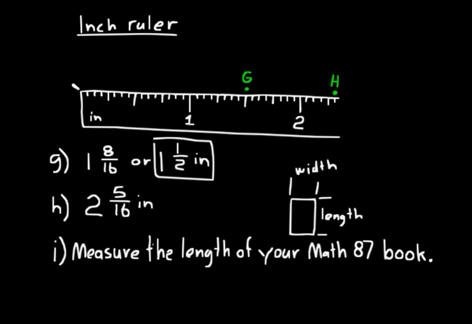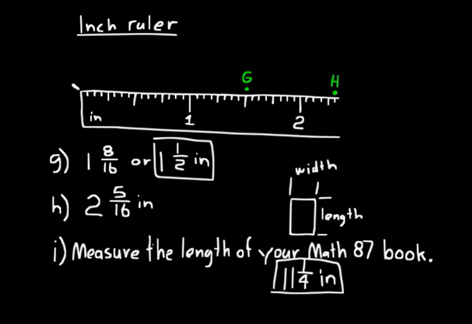Now when I measured mine, I obtained a value of 11 4/16, or a simpler way to write that would be 11 1/4 inches. If you didn't write your units down, I consider that half credit. The number part is half credit on that answer. The inches part is the other half credit. So anytime you're doing one of these problems where you have a length that you have to measure and you have to have units with your answer, the units are half of the answer because they are very important.